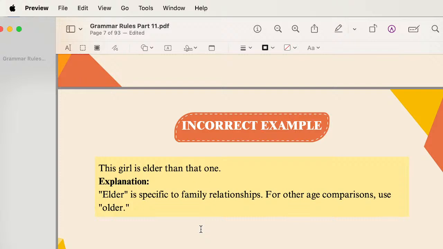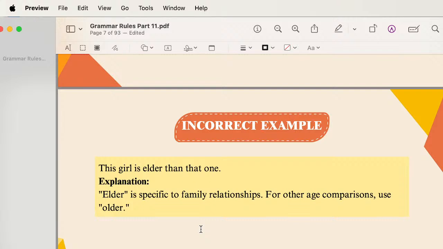Okay, any senior member of the church or organization, if you want to give them respect, you use elder. My elder sister always gives wise advice. The elder statesman shared his life experiences. So, whenever you want to talk about someone who's more renowned and respected, you can use this word elder. And of course, the person has to be more in age as well.